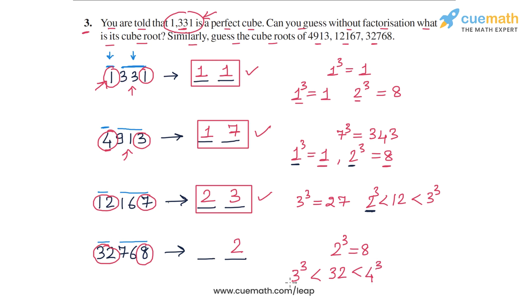The smaller of 3 and 4 is 3. So in the tens digit of the cube root, we will have 3. The cube root for the fourth number is 32. So to summarize, the 4 cube roots are 11, 17, 23 and 32. And this completes question number 3.